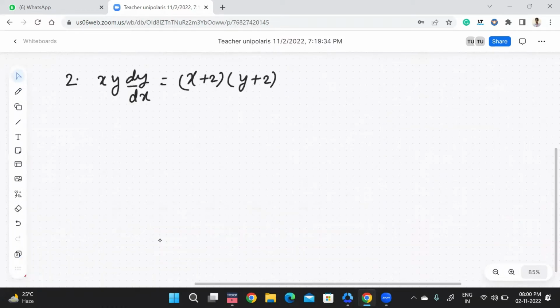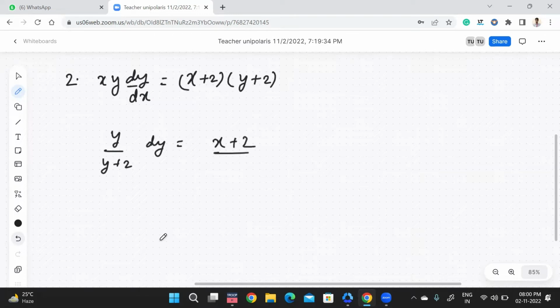So now let's take another problem. Let's say we can do this like dy over y plus 2, let's write it, y over y plus 2 dy gives x plus 2 over x dx.